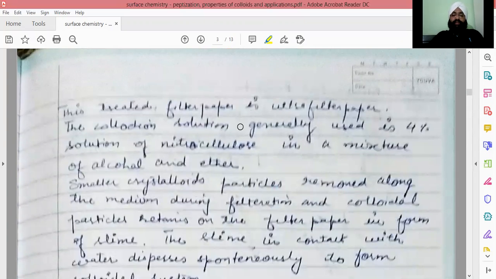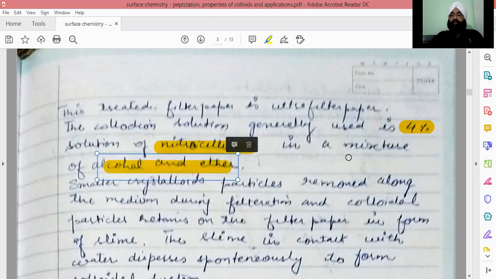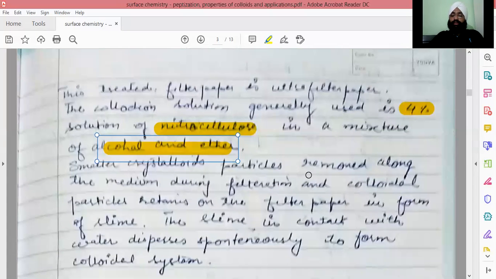And this colloidal solution is a 4% solution of nitrocellulose in alcohol and ether.